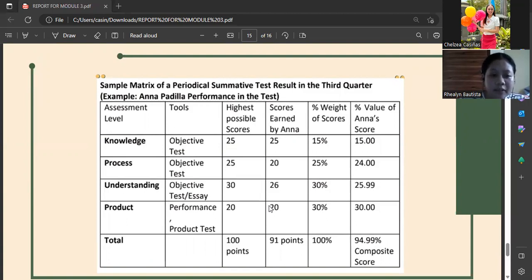Ang highest possible scores naman dito sa knowledge is 25, sa process is 25, sa understanding is 30, sa product is 20, with a total score of 100 points.